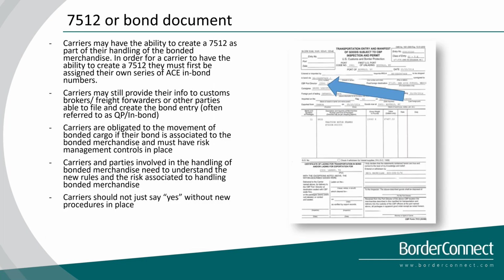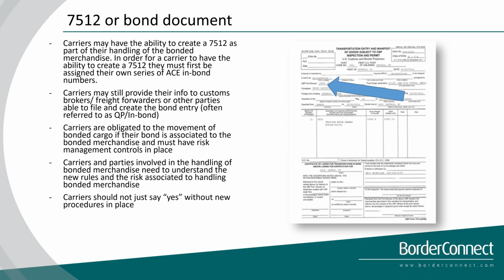After that bond, and you're a bonded carrier, the form that is now specific to the merchandise is called a 7512. The paper document is not going away. The form itself has not gone away. It's the functionality related to the form. So carriers may have the ability now to create a 7512 as part of their handling of the bonded merchandise.